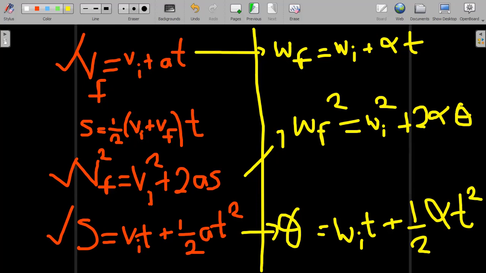So I want us to go back to the concept of centripetal force in terms of calculations. I'm trying to open the worksheet so that we can look at it.